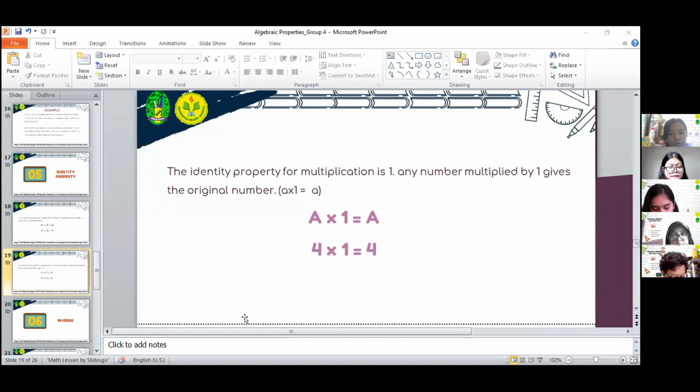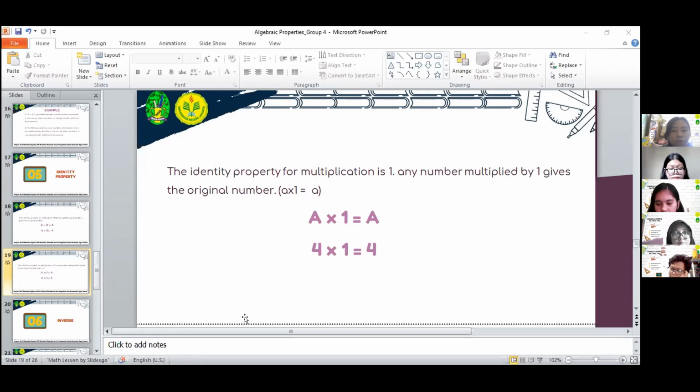May I ask? Yes, please. My name is Dula Citra from Group 6. My question is, can the closure property be applied in division form? Okay, thank you for your question, Citra.